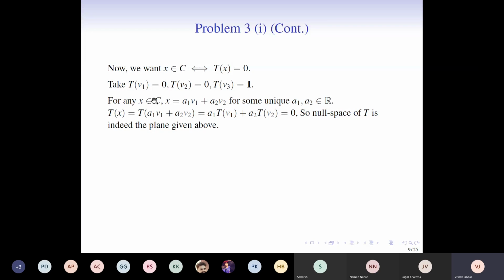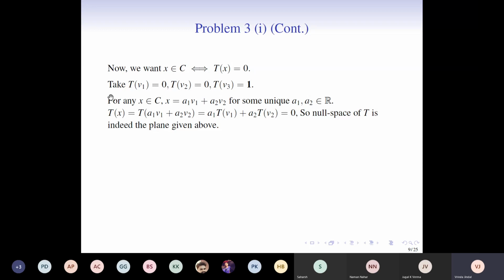And by using the fact that T is a linear transformation, we'll get some constant multiplied by T of v1, plus some constant multiplied by T of v2, plus some constant multiplied by T of v3. So T of that vector could be written in terms of T of these three vectors.